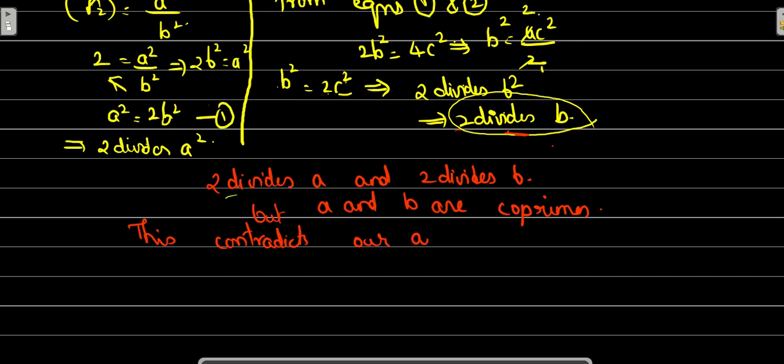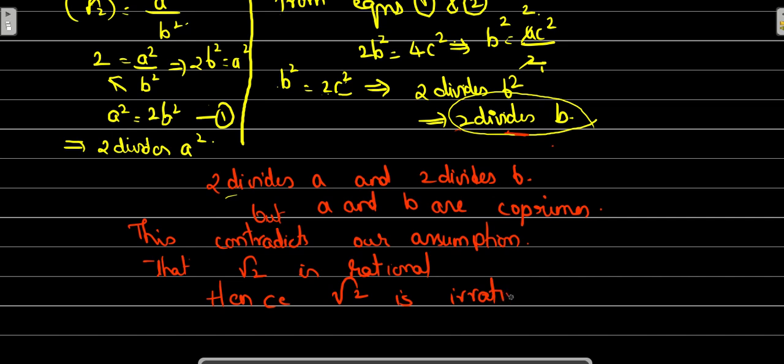What was our assumption? That root 2 is rational. This contradicts our assumption that root 2 is rational. Hence, root 2 is irrational. What is root 2? It is irrational. Our assumption was wrong.